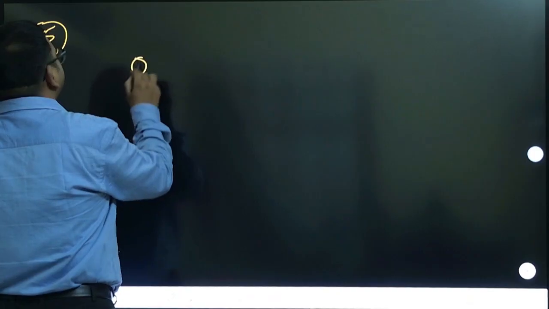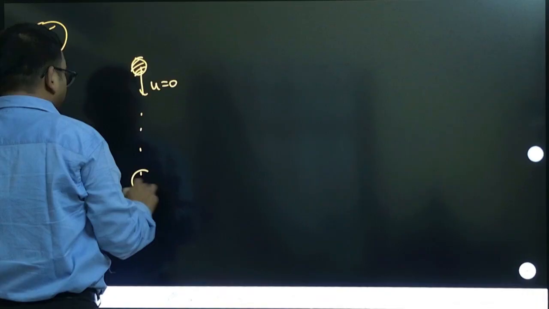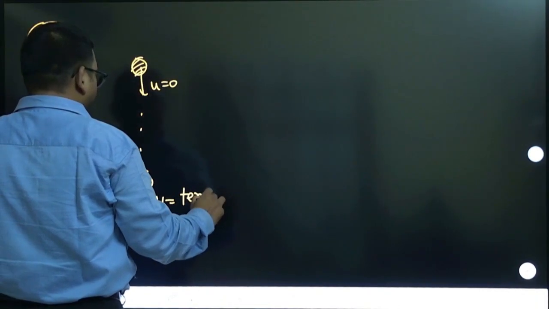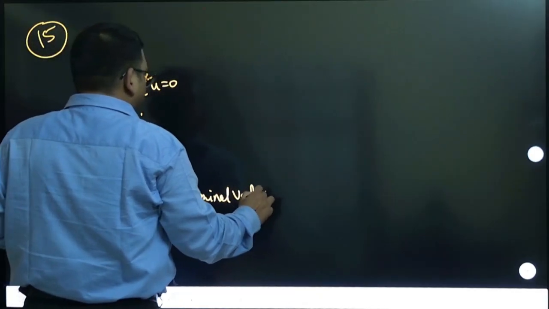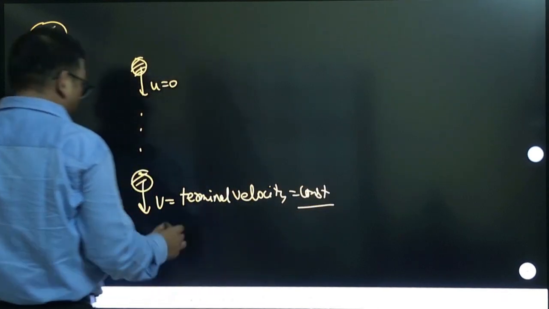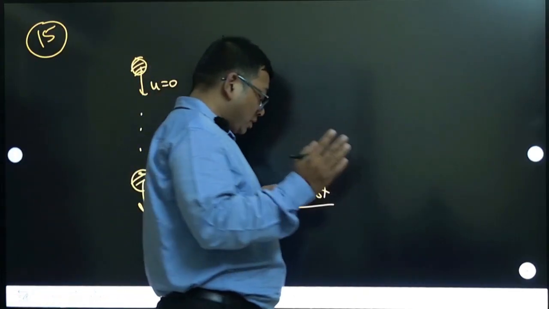Question number 15. Displacement of a free falling body from rest in viscous medium. Initially it is 0, then finally it will attain a terminal velocity. Terminal velocity is constant, so velocity will become constant, meaning the slope of the graph will become a straight line.